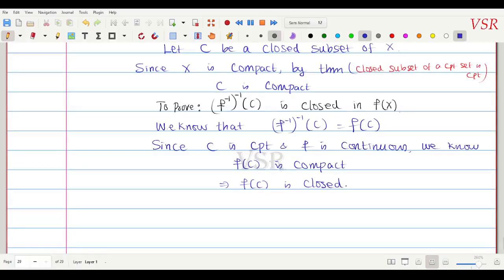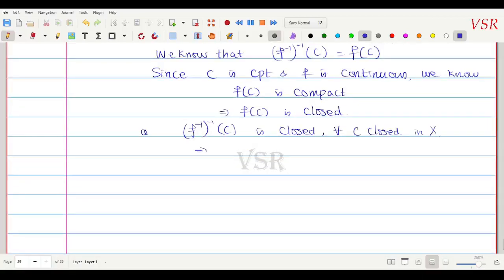That is, f inverse inverse of C is closed for every C closed in capital X. This implies that f inverse is continuous.